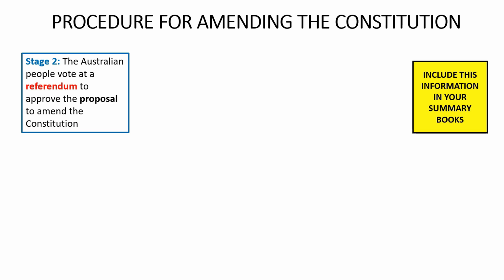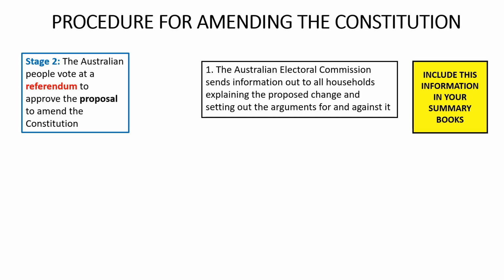Before the Australian people vote at the referendum, the Australian Electoral Commission sends information out to every household in Australia which explains the proposed change to the Constitution and sets out the arguments for and against the proposed change. This information is contained in a booklet that is posted to every household.